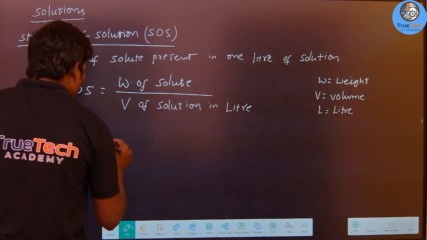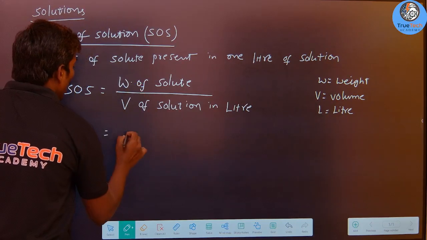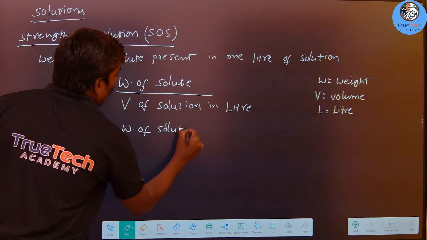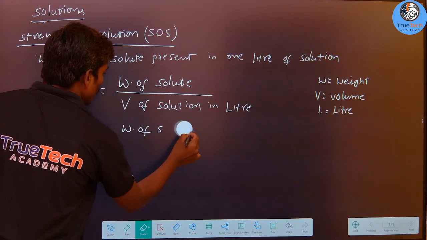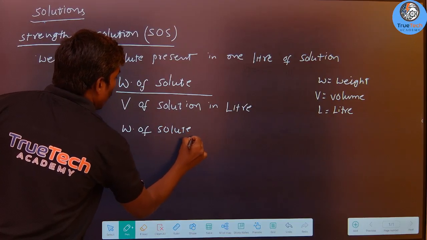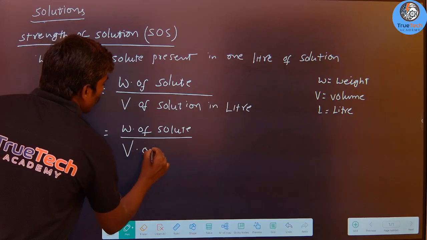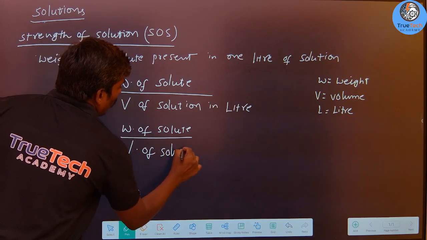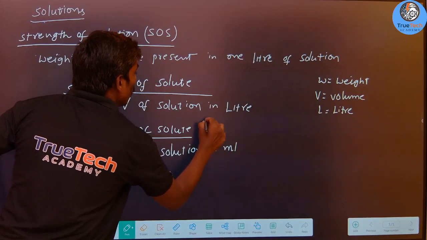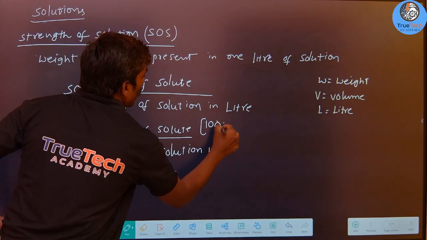Otherwise, you can write in ml also. Then at that time the formula will be weight of solute by volume of solution in ml into 1000 ml.